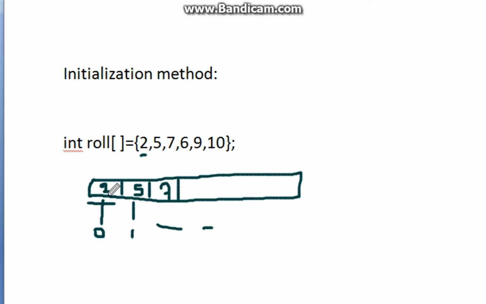Our index number always starts from 0, and we will see more in the next tutorial, when we do the programming for initialization and declaration, and also print all the values inserted into this block.